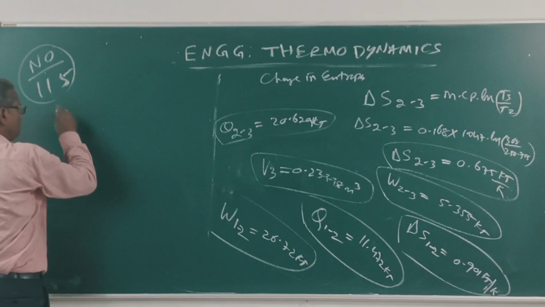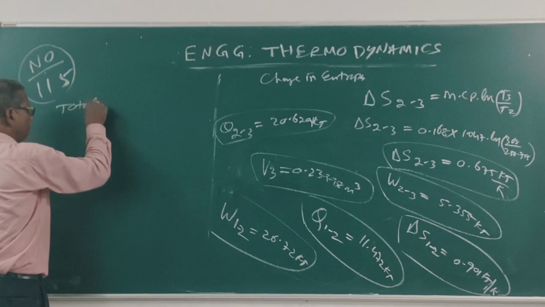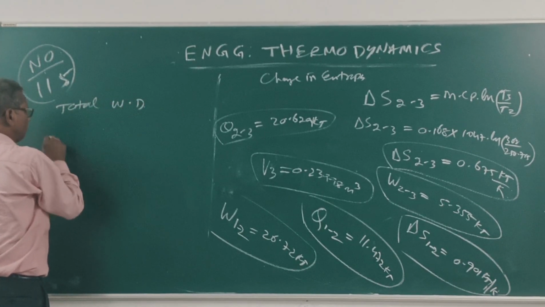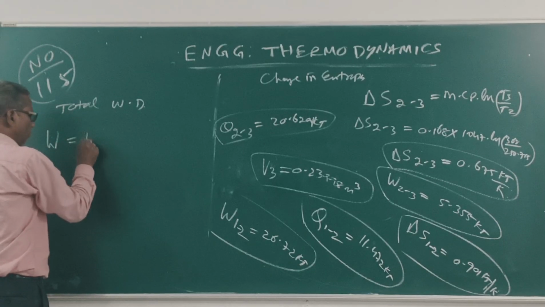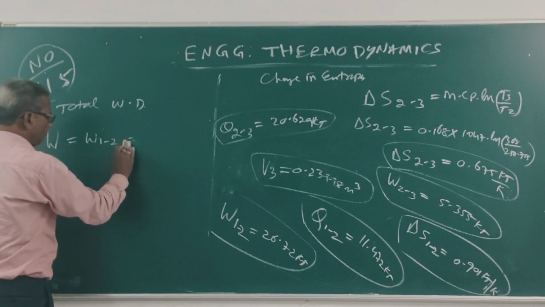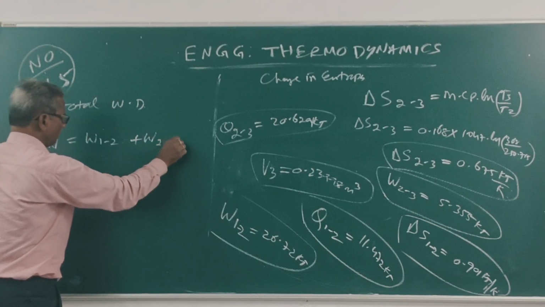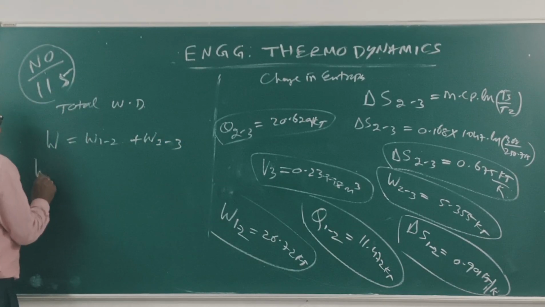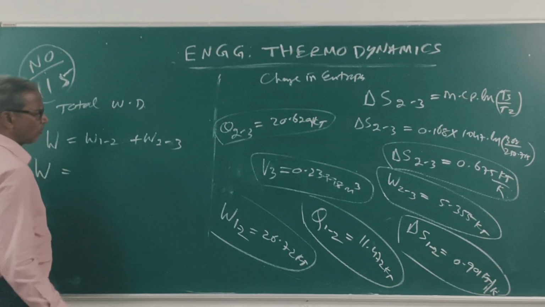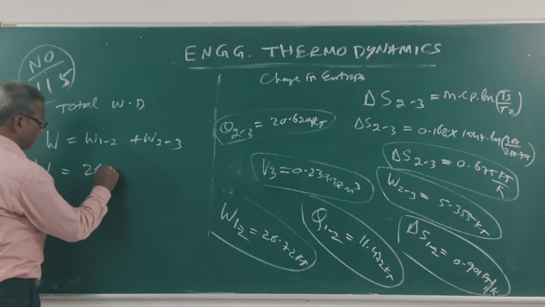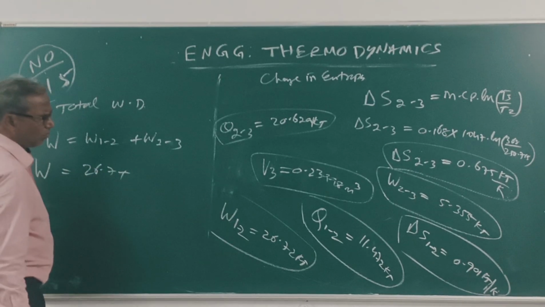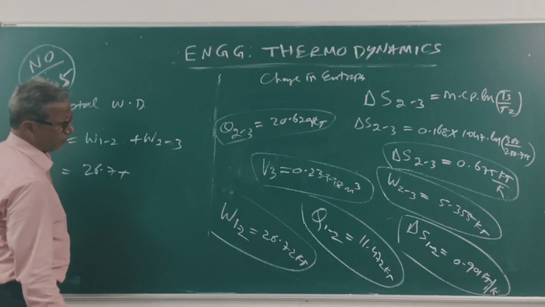Now total work done: W is equal to W12 plus W23. So work done is equal to W12, 26.7, plus W23, 5.355.